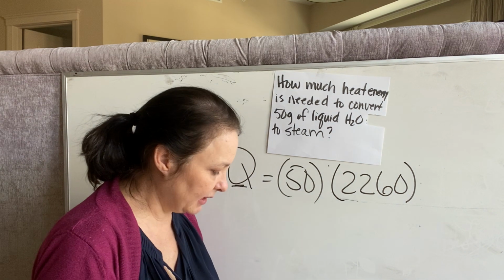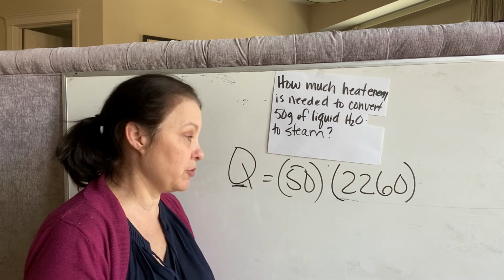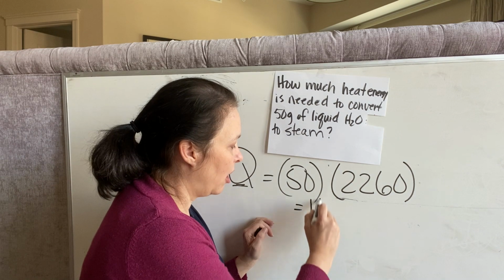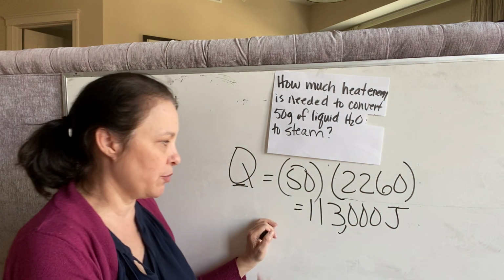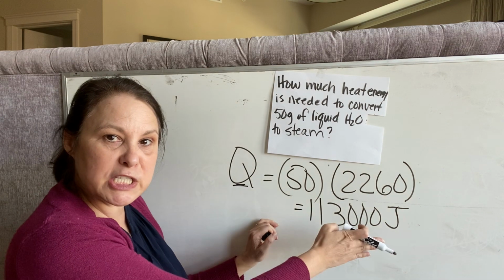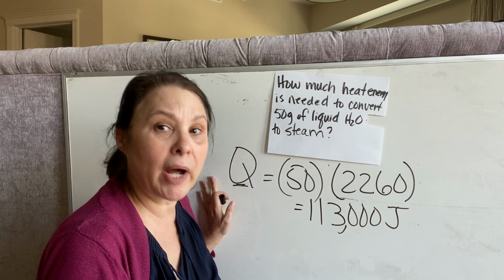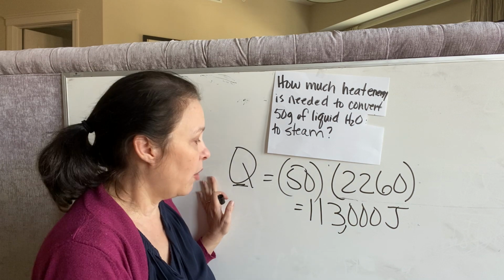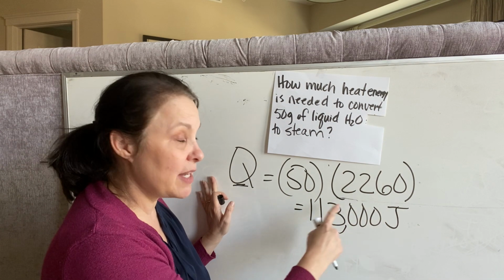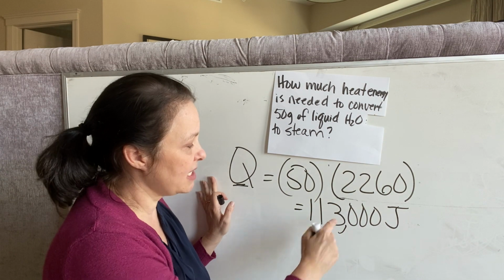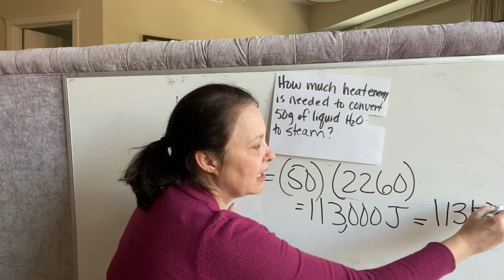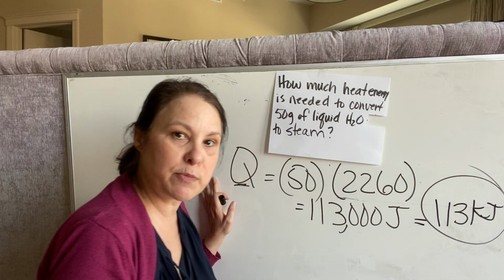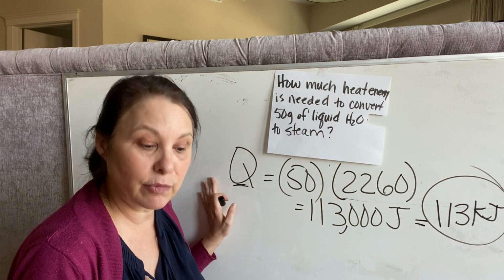So I've got 113,000 joules. Because remember, every time we solve for this Q, it's spitting it out in joules. Well, ain't nobody wants to deal with that much. So what we're going to do is we're going to either divide it by 1,000 or we'll Beyonce it, and it's going to become 113 kilojoules. And that's probably how I would ask you to report that.